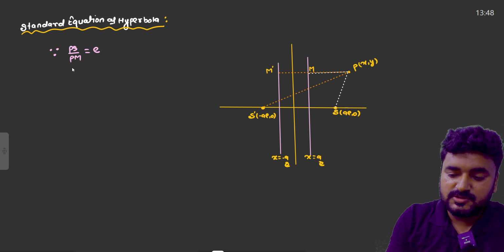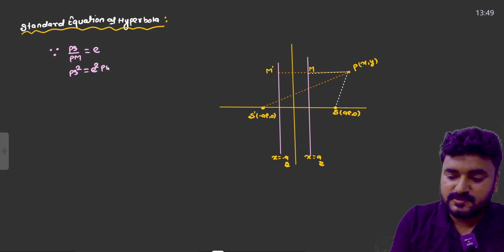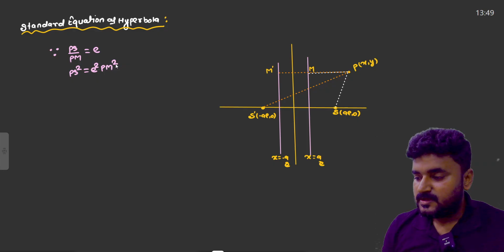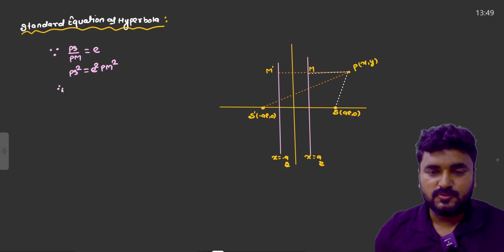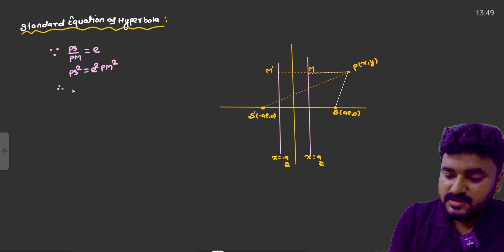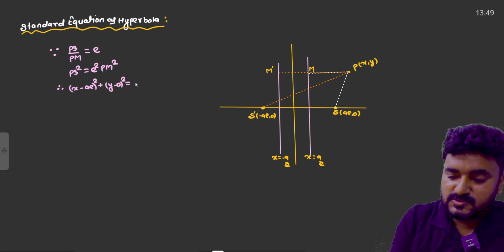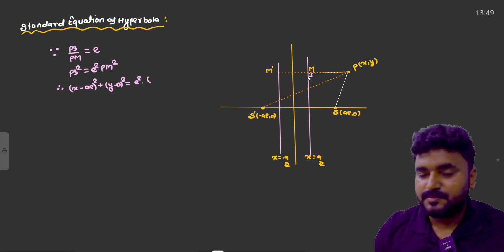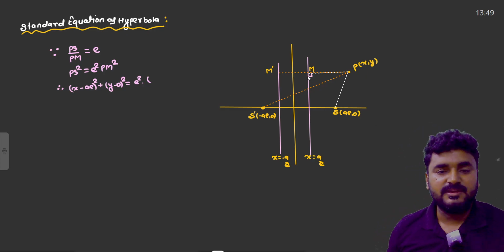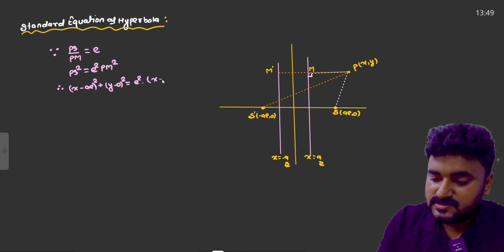Okay. So therefore this PS square we can write as E square PM square. Okay. So therefore you can see here that for this PS square we can use the distance formula. So this is coming x minus AE whole square plus y minus 0 whole square is equal to E square into PM, and this PM we can write as the length of perpendicular from P to this directrix x equals A by E, so x minus A by E whole square.